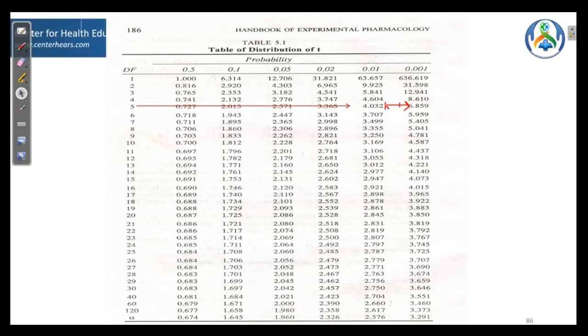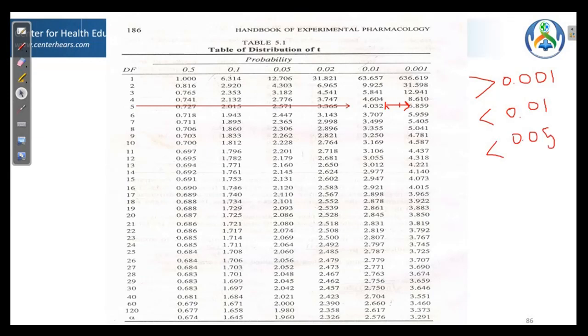That means your p value is more than 0.001 but less than 0.01. That means it is also less than 0.05.